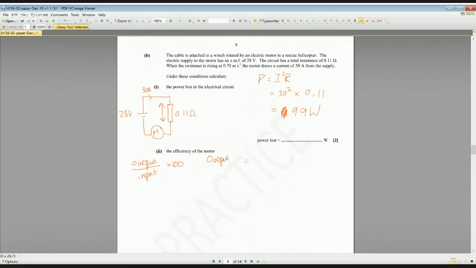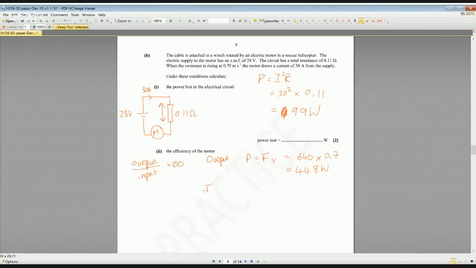And mechanical power can be calculated using the equation on your formula sheet, P equals FV, which gives us 640 multiplied by 0.7, which is 448. So that is the output power, that's lifting the swimmer out of the water.